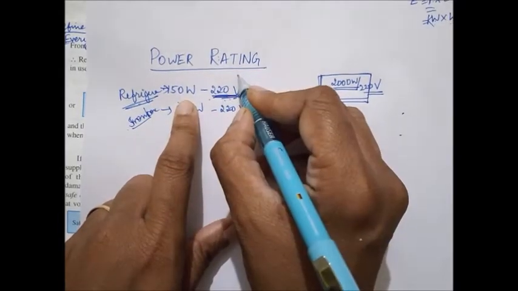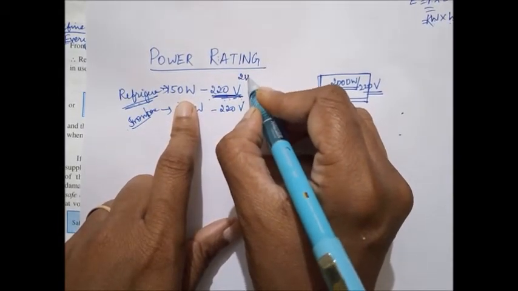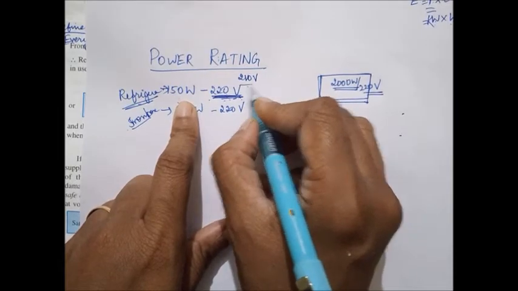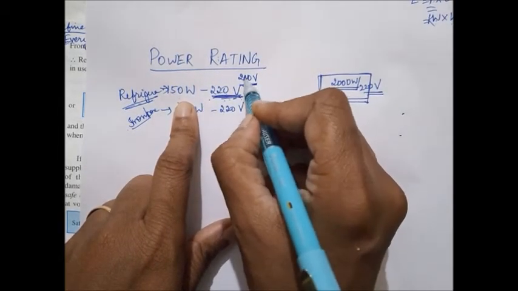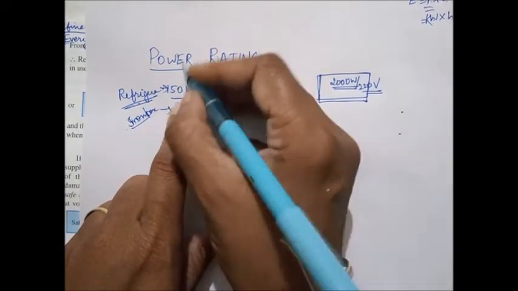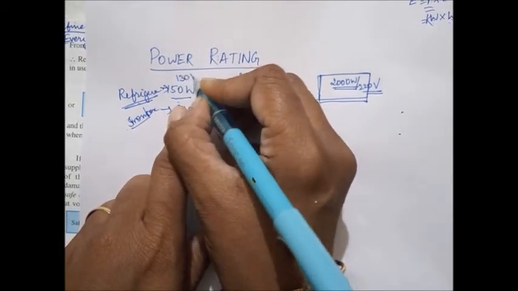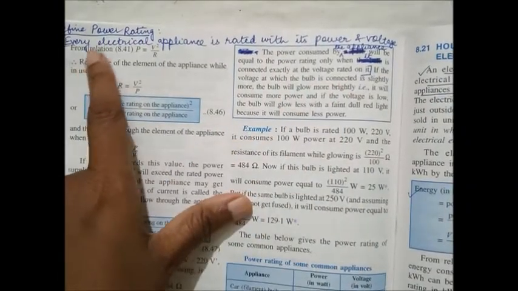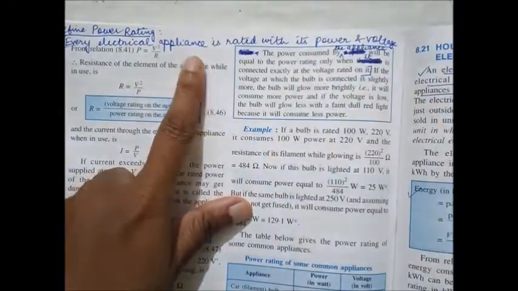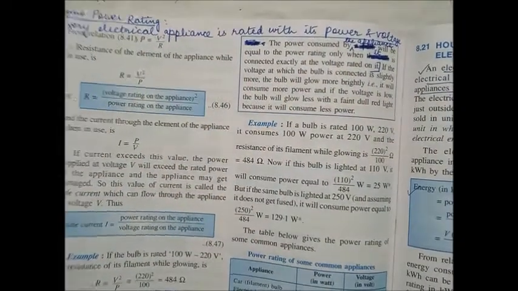If suppose 210 volt or 200 volt is coming, in India all this is possible, low voltage, high voltage, then it won't consume 150 watt, maybe only 130 watt or 140 watt it will consume. So that is the meaning of this. If they ask you to define power rating, you have to write this information.